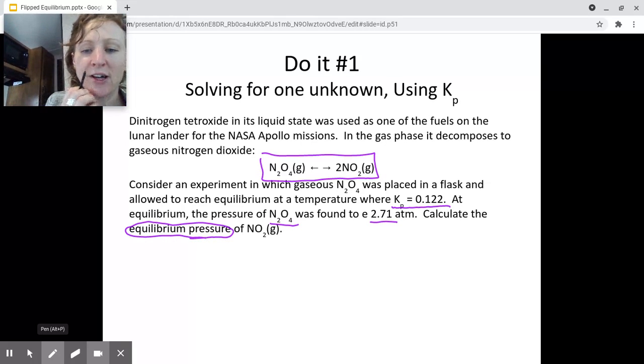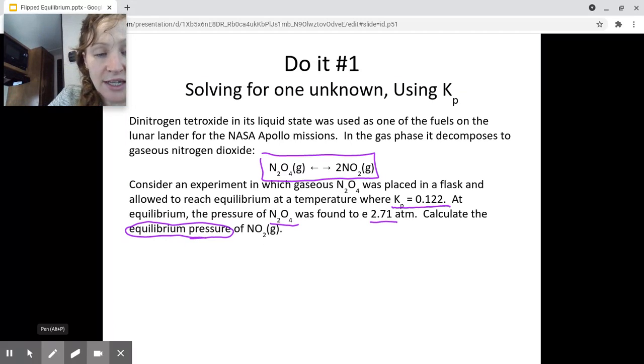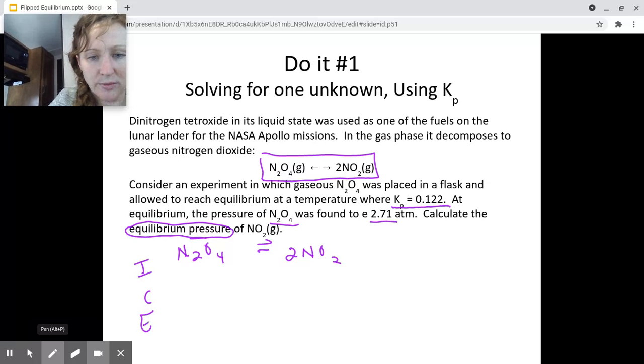All right, so let's take a minute and figure out what we know. So N2O4 goes to 2NO2. Okay, initial, change, equilibrium. So we know what the Kp is.